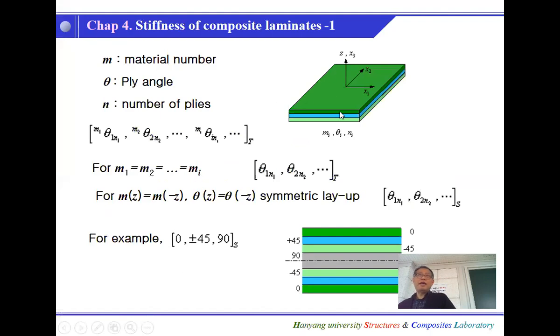Say we have a laminate. Now, what is the difference between just a stack of plies versus a laminate? Well, a laminate has all plies glued together. Glued together means that they have to deform together. They don't deform independently. They deform together. That is the laminate.